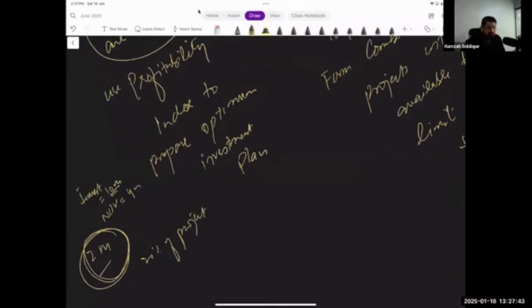If I cannot, I have to take the full project, that is indivisible. So 20% of the project gives 20% of the NPV, I will get 0.8 million. That is divisible. Now, the point is how the profitability index is used.